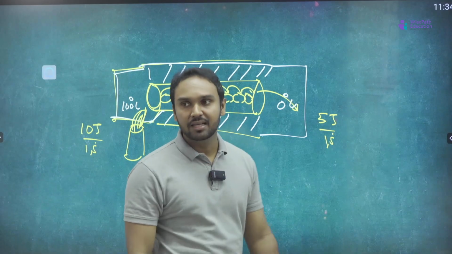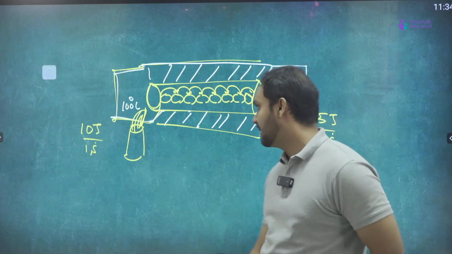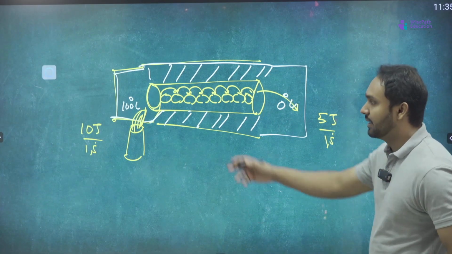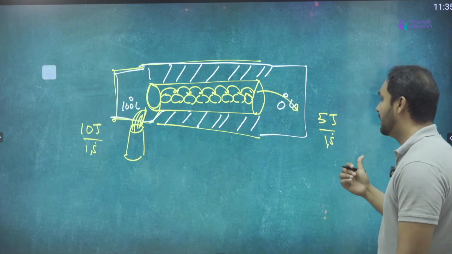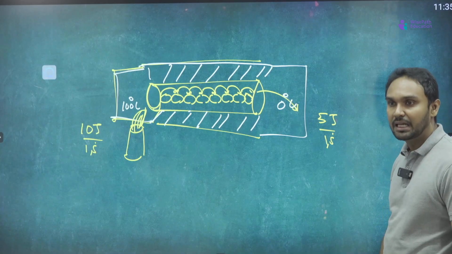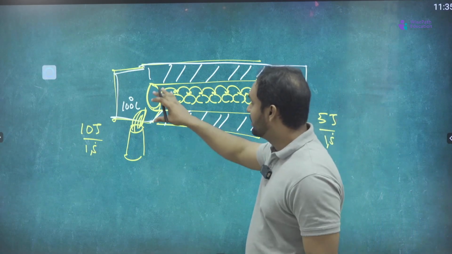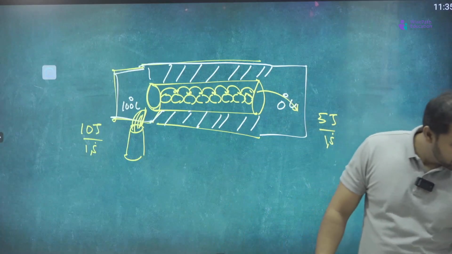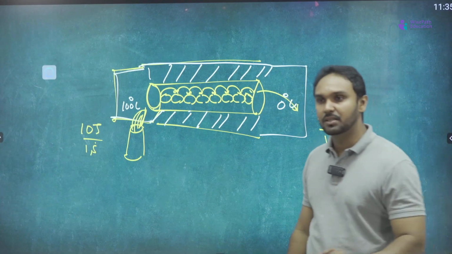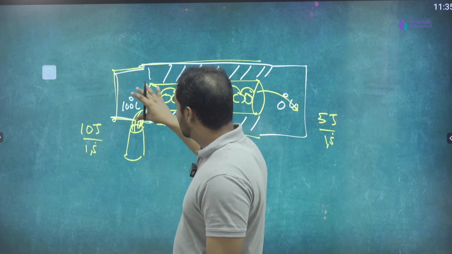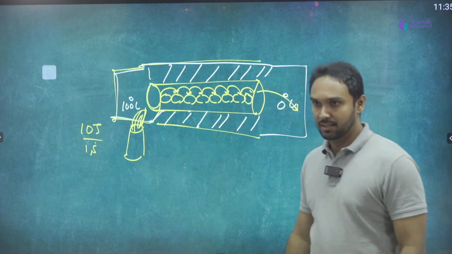The rates are not equal. The rate that enters and the rate that exits are not equal at the beginning. And there comes a situation that the conductor is completely filled with the heat.